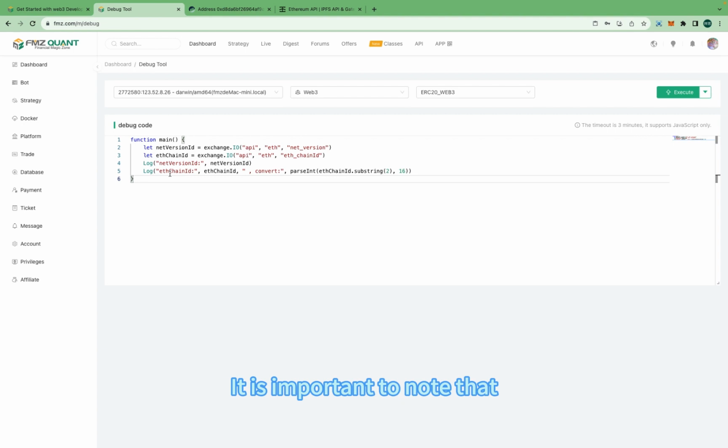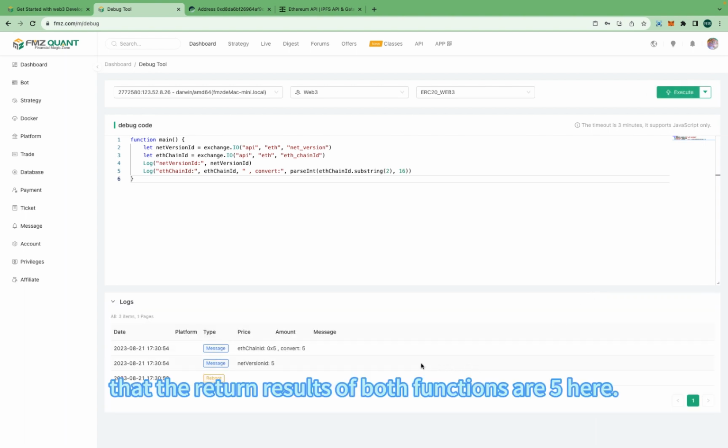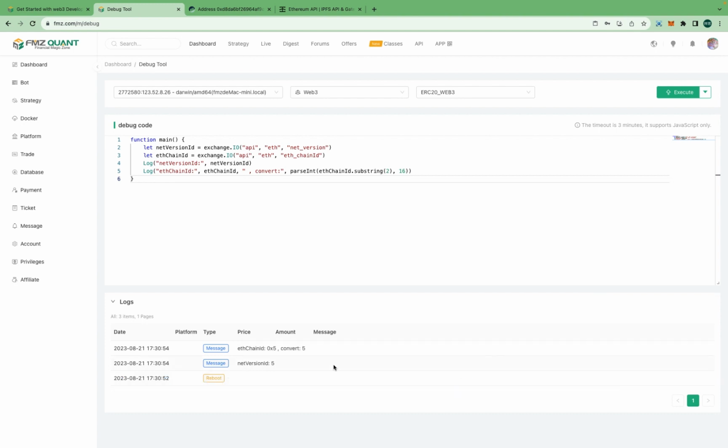It is important to note that chain ID returns a hexadecimal value, so parseInt is used for conversion. We click on Execute. Wait for a moment, and we can see that the return results of both functions are 5 here.